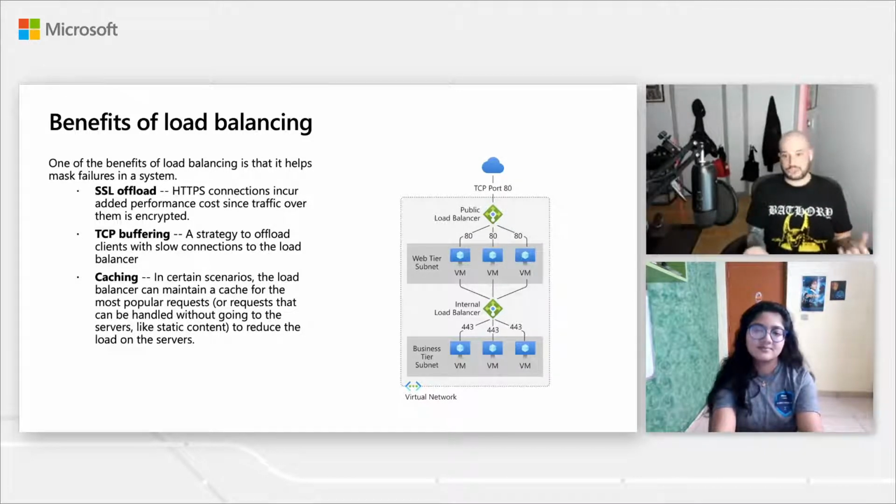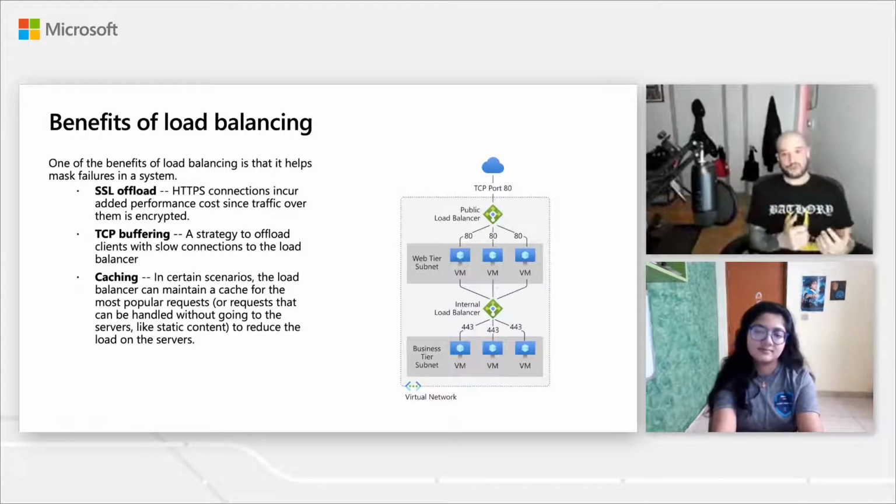SSL offload. So instead of serving all the requests via SSL, secure socket layer, the client connection to the load balancer that's made via SSL will be served from the load balancer as opposed to the certificate and the secure connection being served directly from the virtual machine. That'll take a lot of stress off the servers.